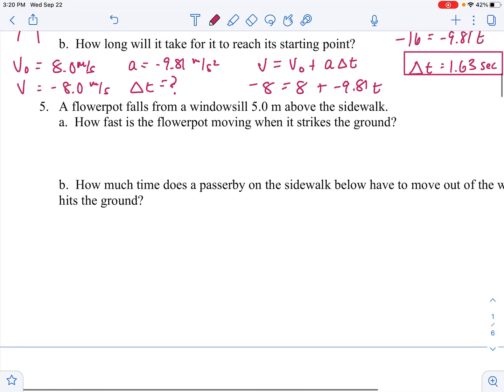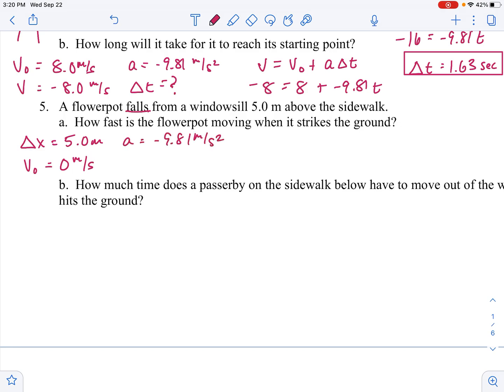Okay, number 5. A flower pot falls from a windowsill 5 meters above the sidewalk. How fast is the flower pot moving when it strikes the ground? So here we've got a displacement, 5 meters. It falls, so I'm going to assume that the initial velocity is 0 meters per second. It's a projectile, so the acceleration is negative 9.81 meters per second squared, and I want to know its final velocity.